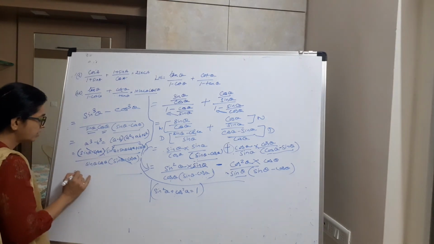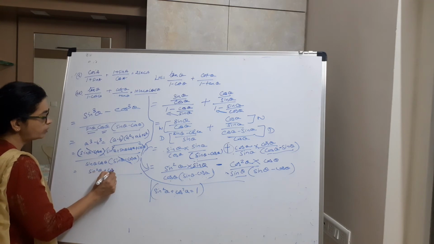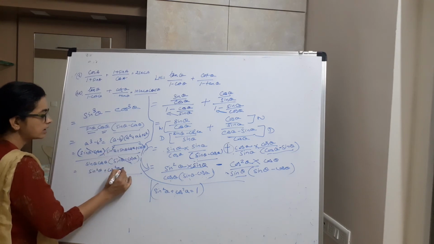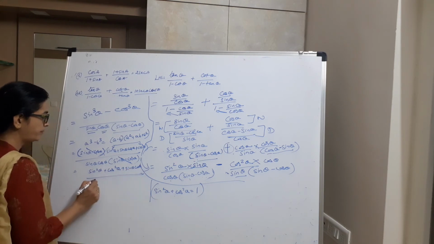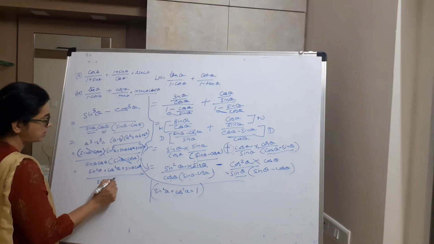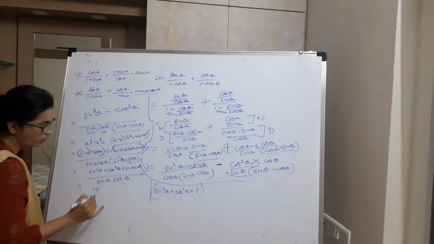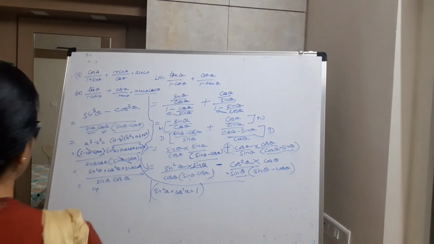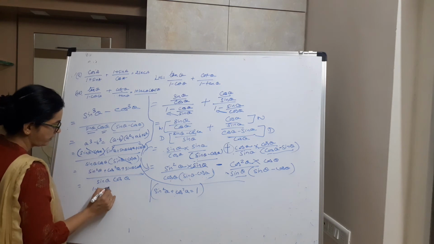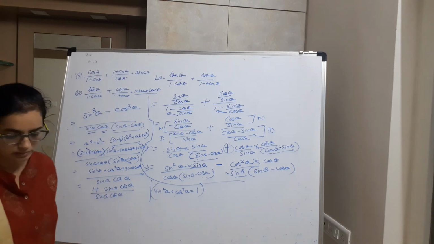What will be remaining? In the numerator, sine squared theta plus, I told you to group this sine squared theta and cos squared theta, plus sine theta cos theta, upon sine theta cos theta. On grouping we will get 1 plus sine theta cos theta upon sine theta cos theta.